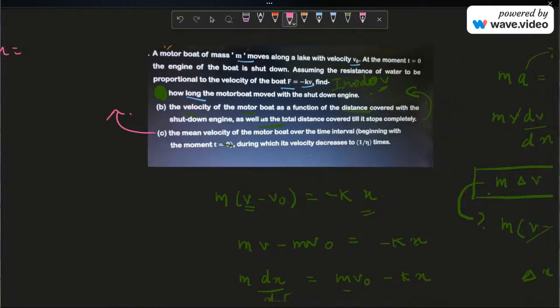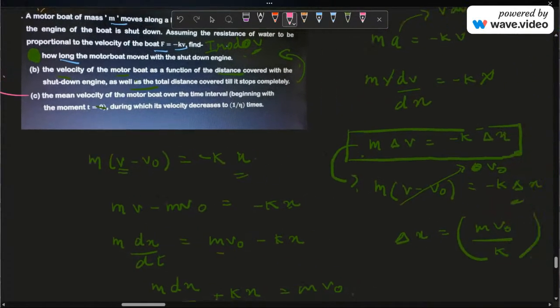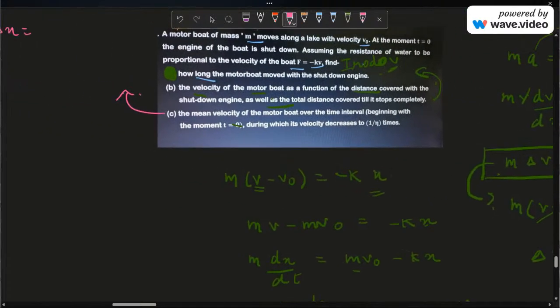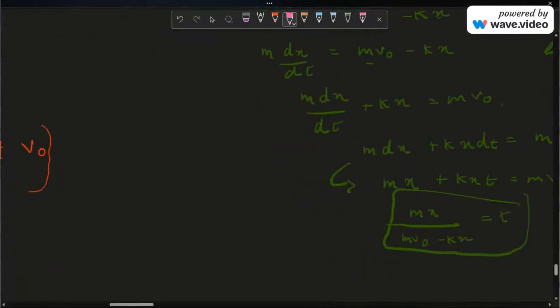So delta x will be, from here, m into delta v upon k, m into v naught upon eta minus v naught upon minus k. Okay. Delta x was easy to find, and delta t. So delta t will be mx into mv naught minus kx.